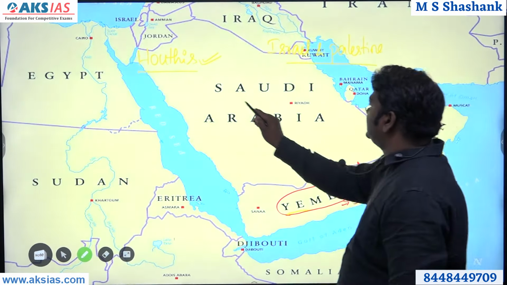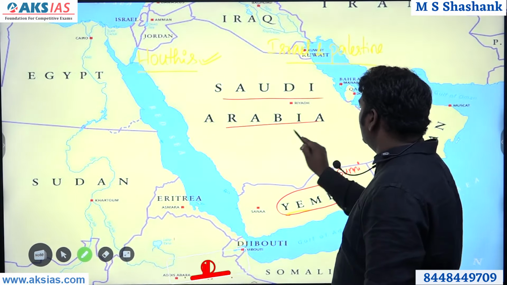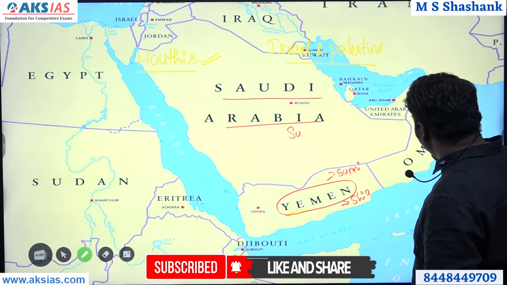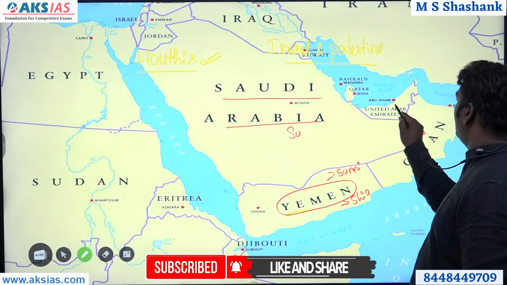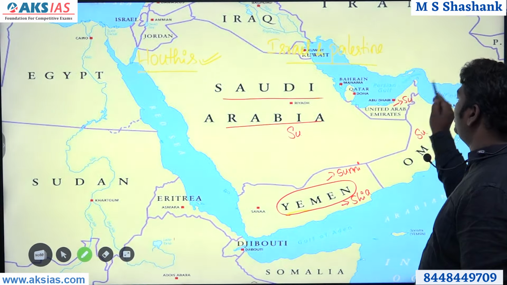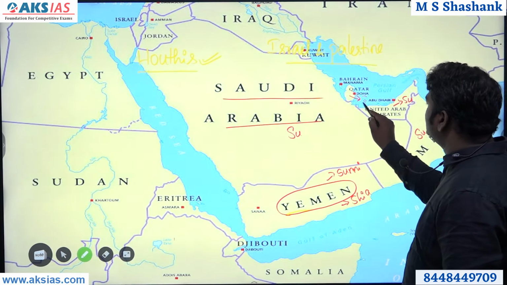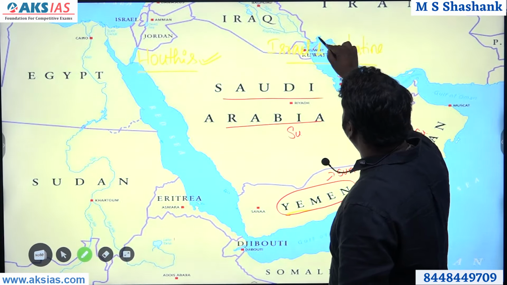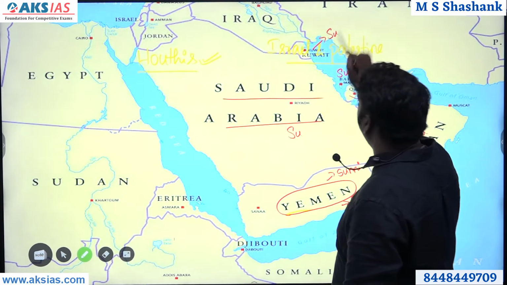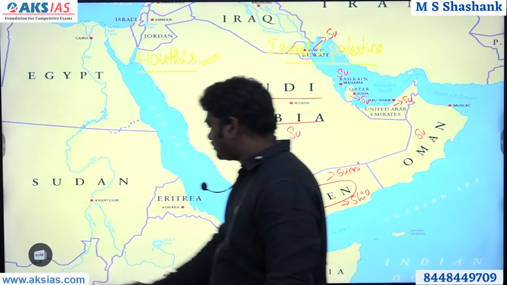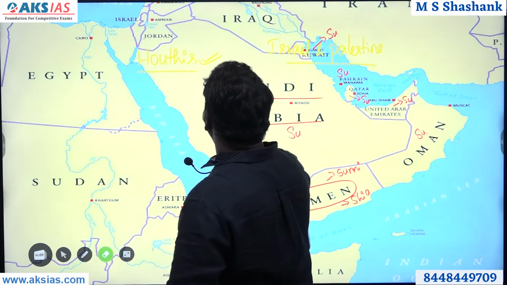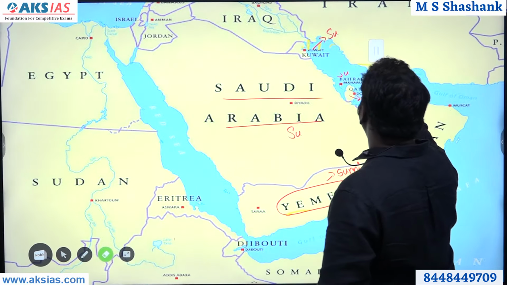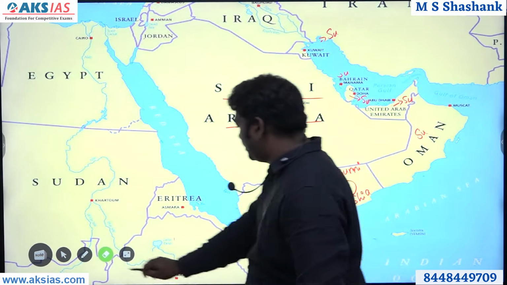If you look at Saudi Arabia, this is Sunni dominated. Oman, Sunni dominated. UAE, Sunni dominated. Qatar, Sunni dominated. Bahrain, Sunni dominated. Kuwait, Sunni dominated. If you see anywhere in all these areas, these are all Sunni dominated.